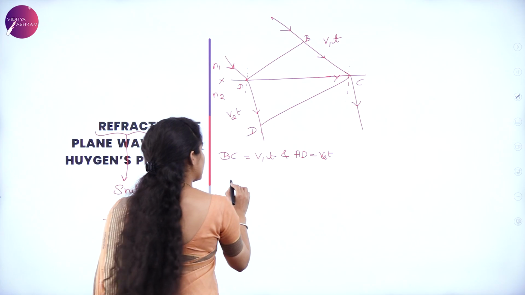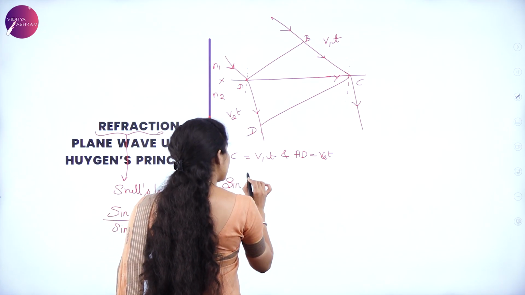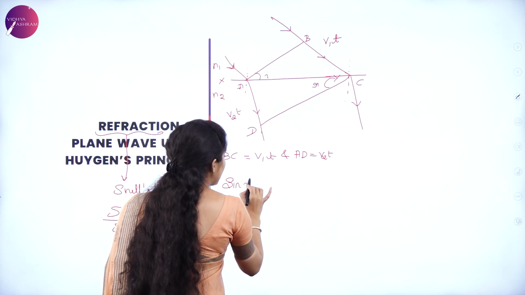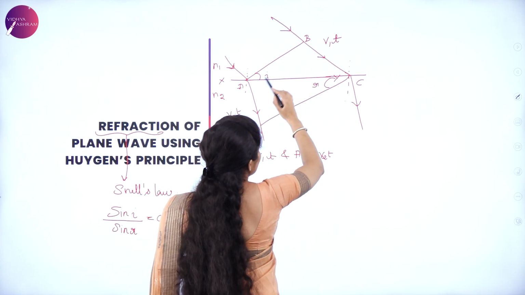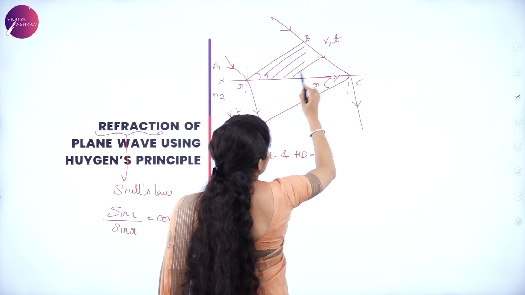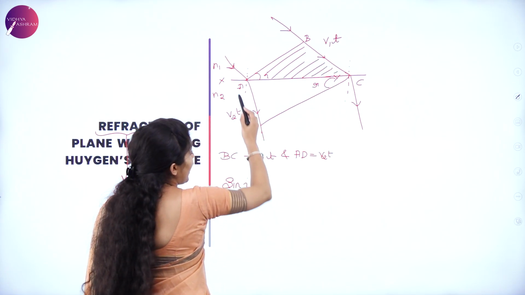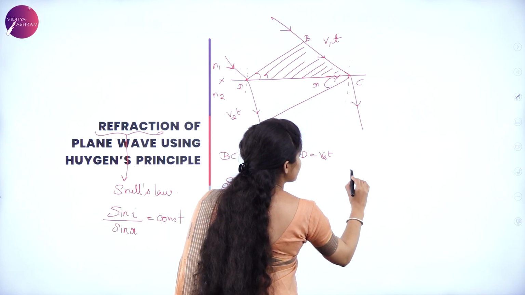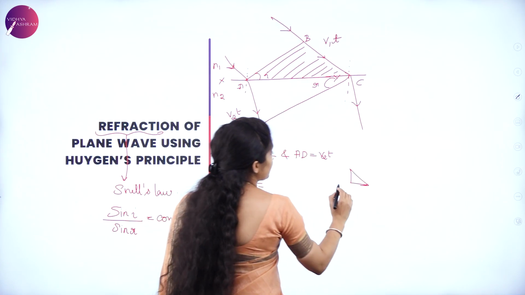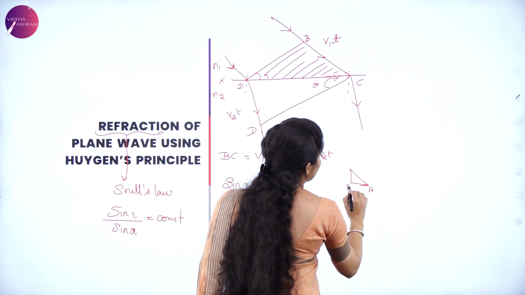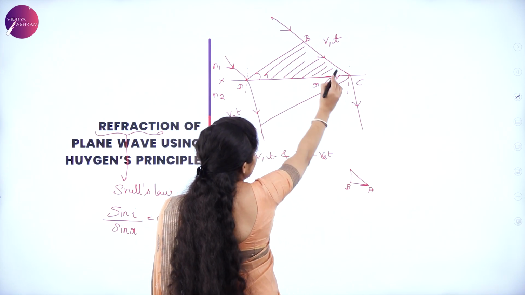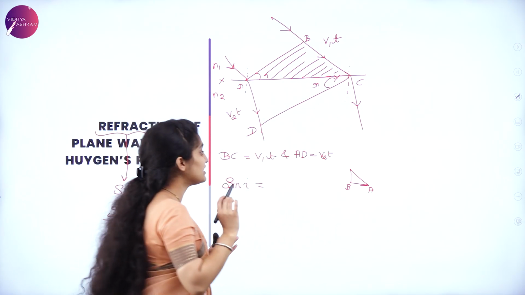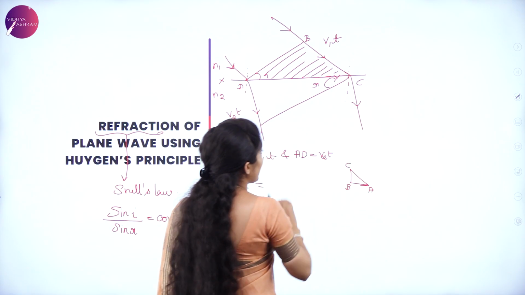So suppose if you consider, this angle is I and this angle is R. So sine I means we need to consider this triangle. This will be the triangle what we consider. So triangle ABC is considered as this, let it be the base A, B they have considered as the base. This is the hypotenuse. AC is common for both the triangles which is being considered as hypotenuse. So AC is a hypotenuse.